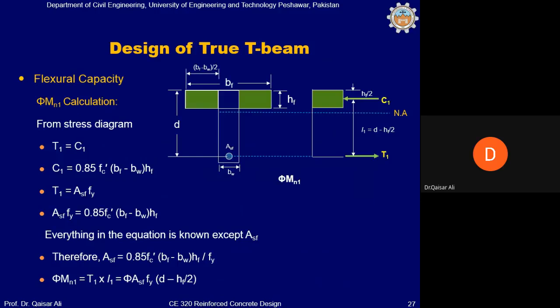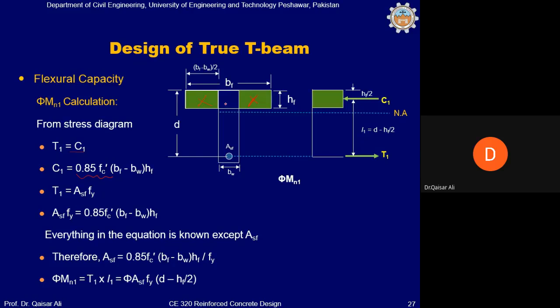For phi Mn1, this will be the compression C1 resultant and T1, where T1 is equal to C1, and C1 can now be exactly calculated because C1 is equal to 0.85 FC prime into these 2 areas. If the total width is BF, then BF minus BW is the width of these 2 rectangles collectively, because BW is deducted from the total BF.